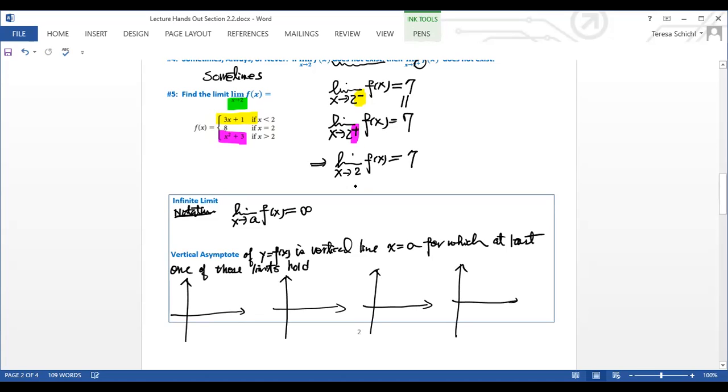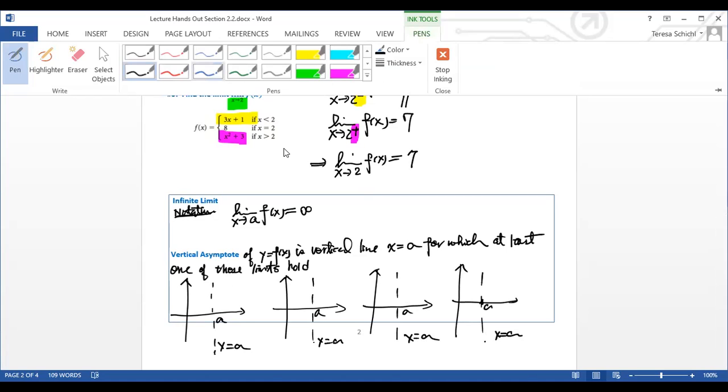Okay, so this is my asymptote, this is my asymptote, this is my asymptote, this is my asymptote, right? So this is a. It's all at the point a. And this is the line x equals a. So this is my asymptote.